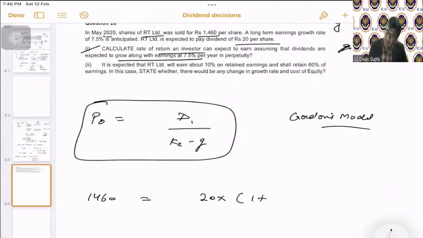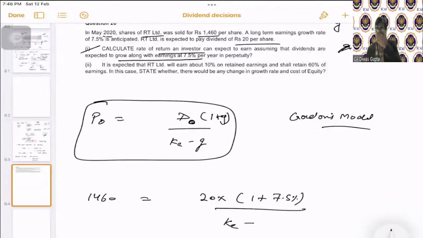So what we know here is D0 into 1 plus growth, right? This was the exact formula. So 1 plus growth is how much? 7.5%, right? Divided by KE, which is what we have to calculate, because that is the requirement of the question, and G is 7.5%.